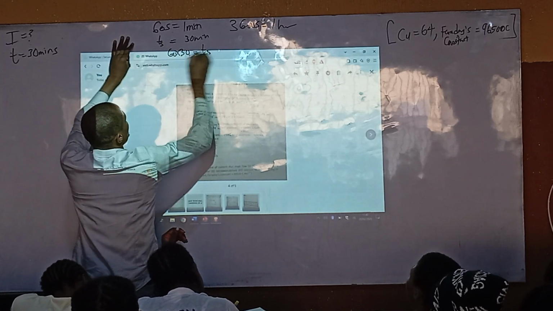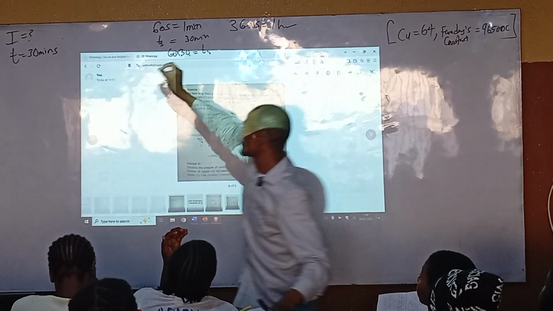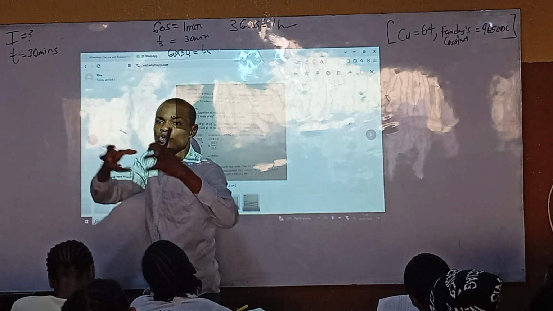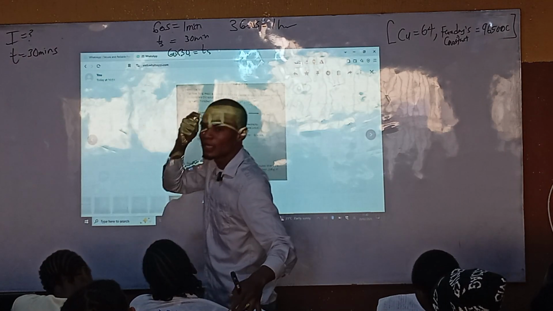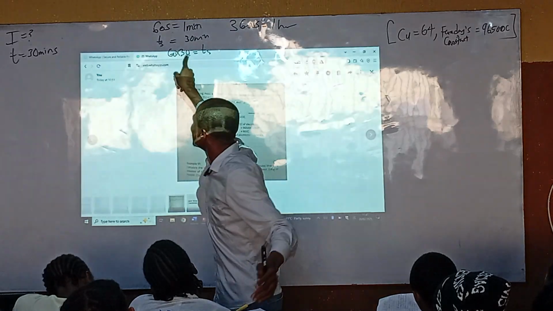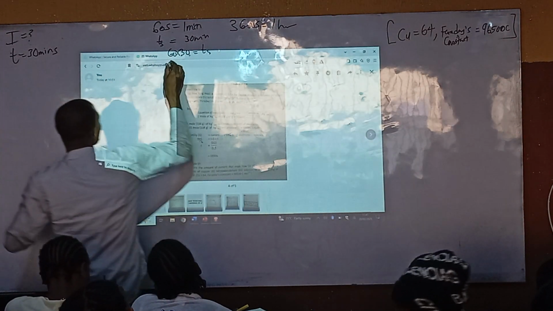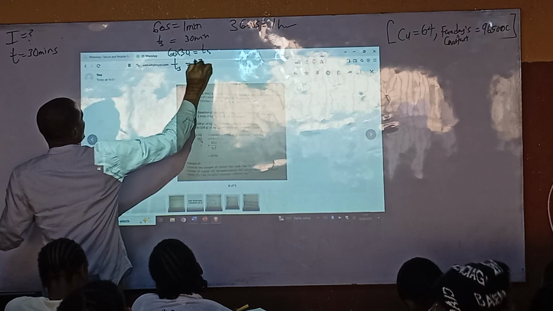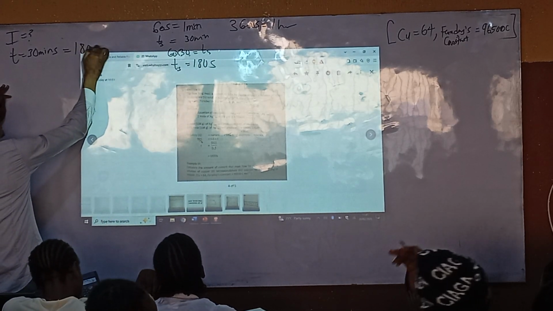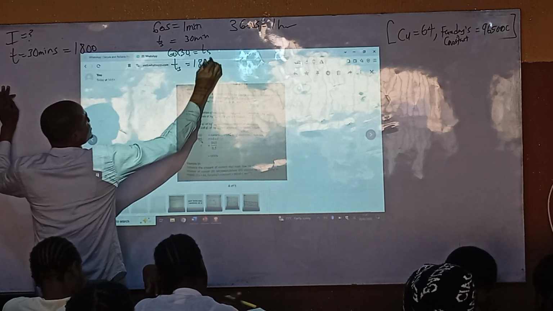From minutes to seconds the value will be big, and multiplication makes the value big, so just multiply times 60 directly. Don't waste time. That's 1,800 seconds.